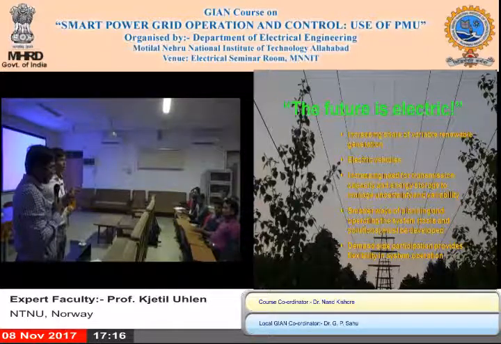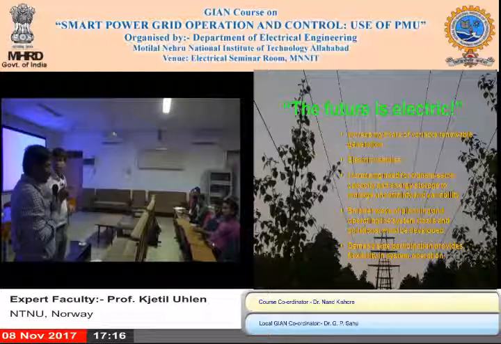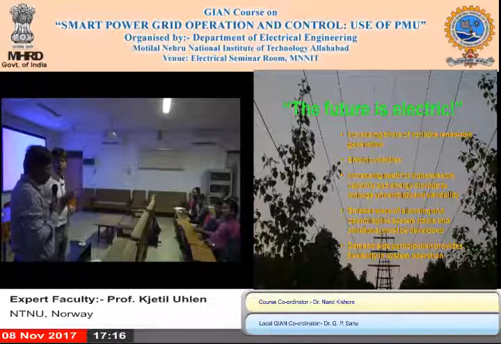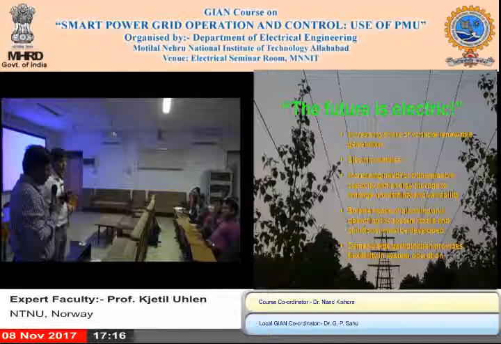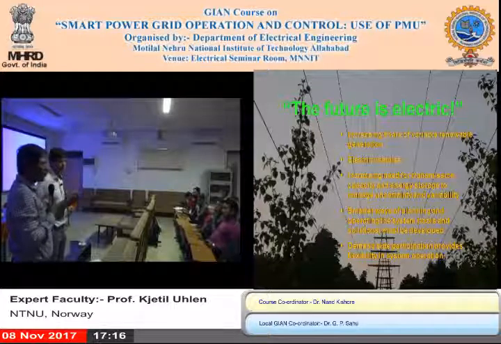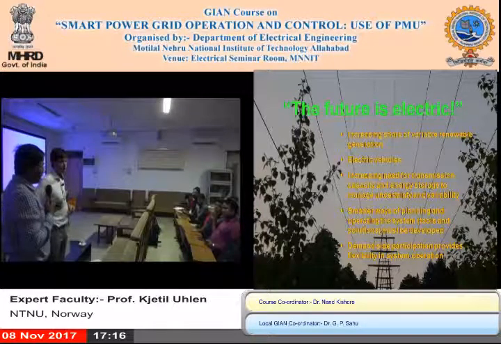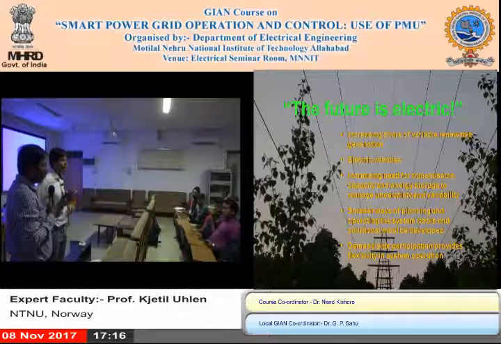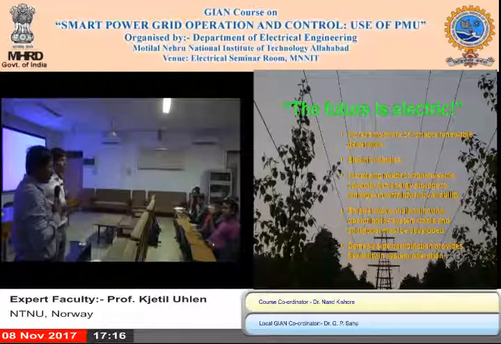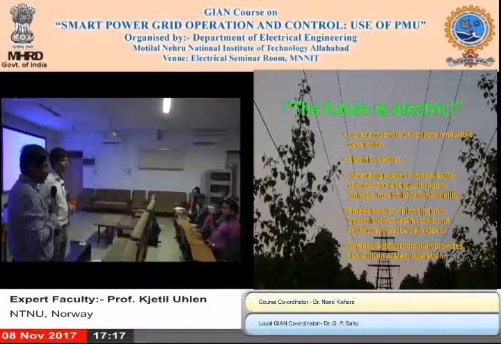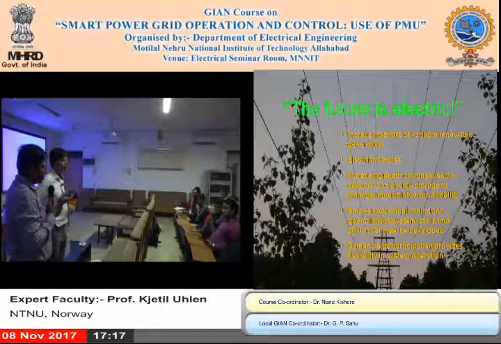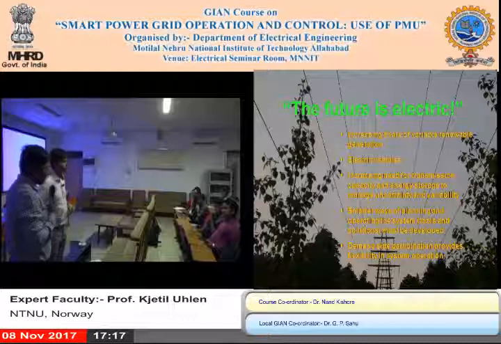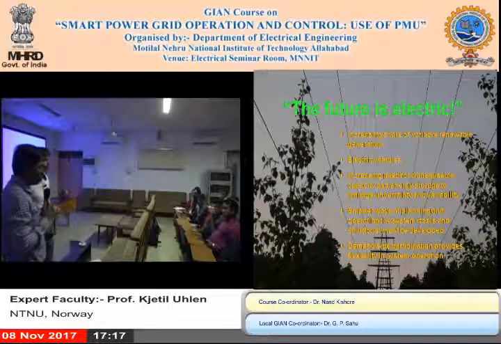But if you look at blackouts occurring because of the low frequency oscillations, it has occurred in just a few seconds. So in that sense, monitoring the dynamic state variable will be more useful rather than going for the static state variable. You can say that, because we are interested in keeping the system stable.